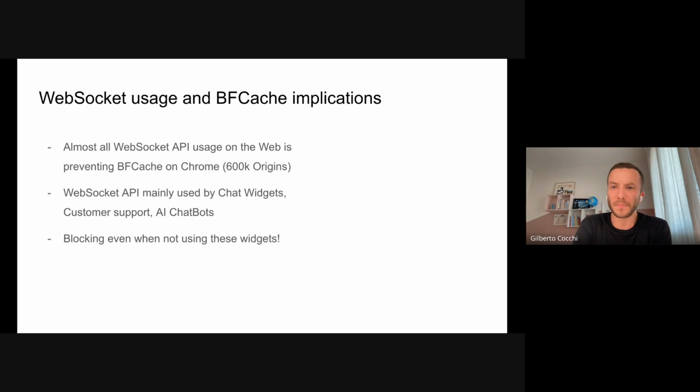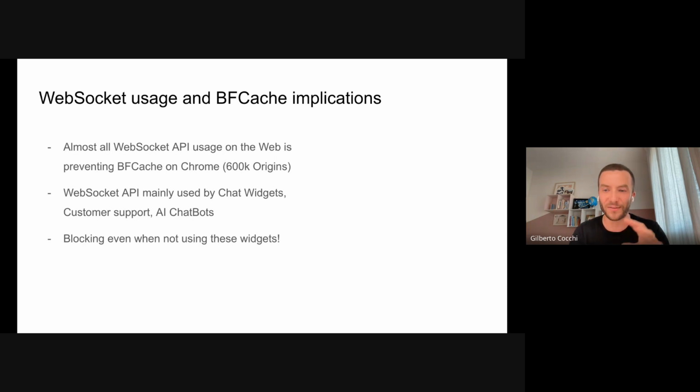In terms of usage, the majority is third parties, which I categorize as chat widgets, customer support, and AI chatbots, which, as you know, are emerging thanks to the AI hype. Many of them block BFCache even when they are not touched by the developer.